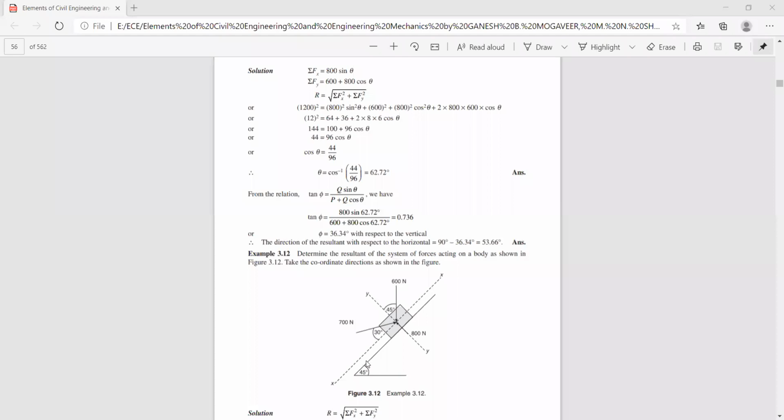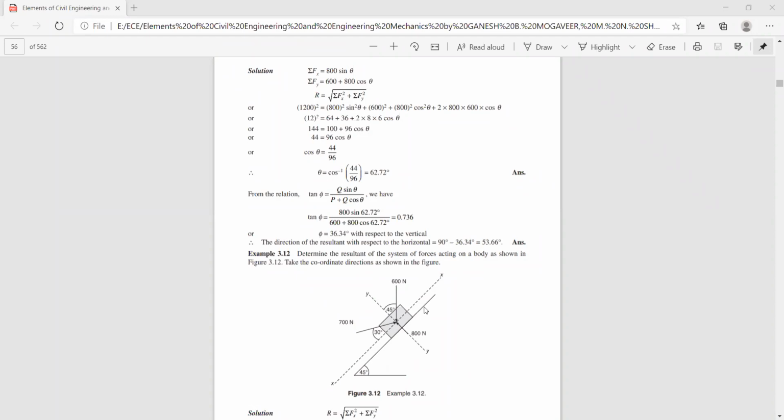And here you have a block of weight 600 Newton, and it is subjected to a force of 700 Newton, which makes an angle 30 degree with respect to horizontal axis.